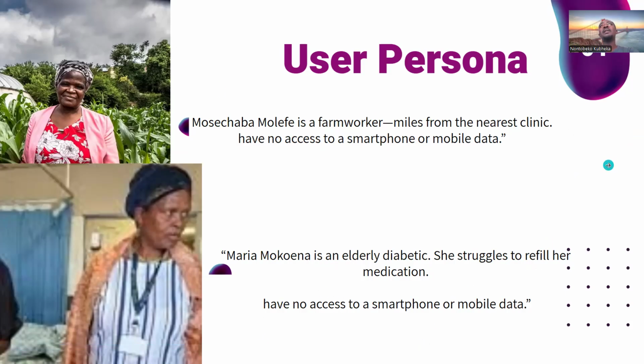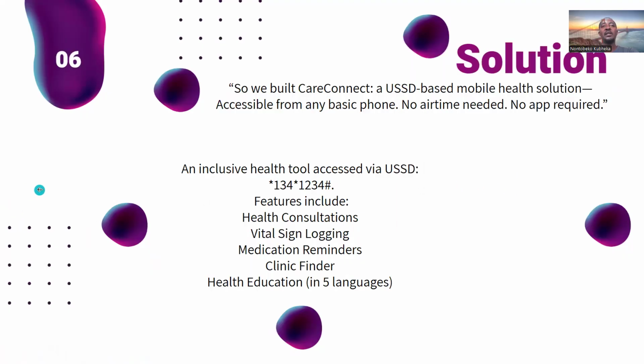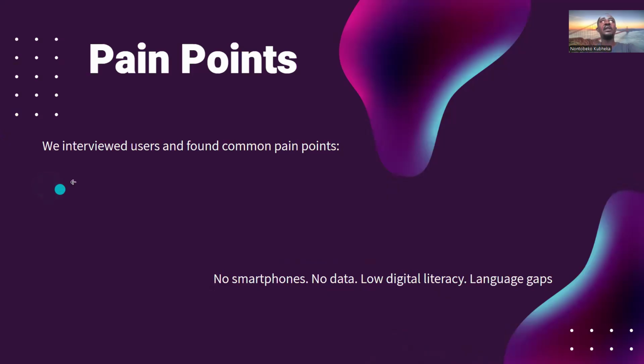And with that, the key points that we had, which are the problems, the key pain points. When we interviewed them, we found that many people have common pain points.